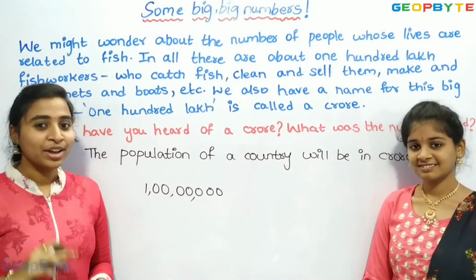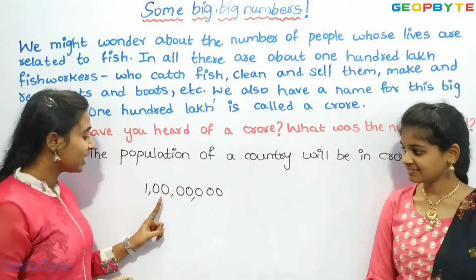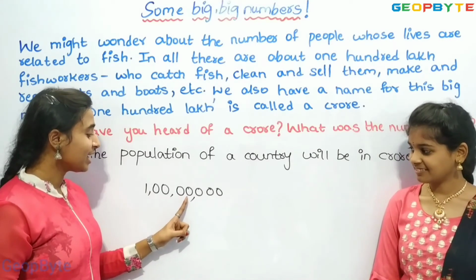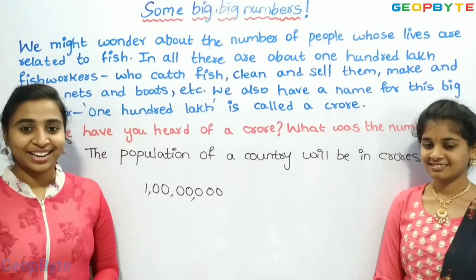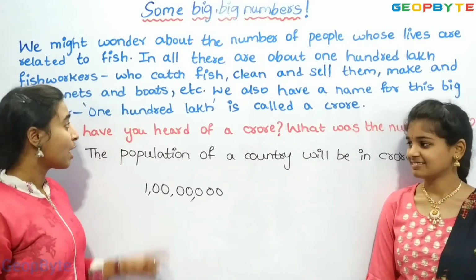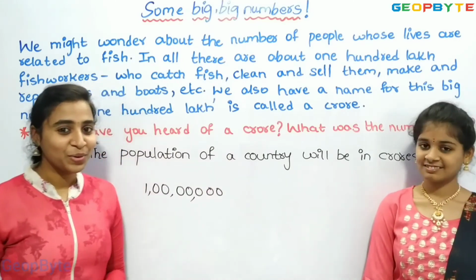So, in total how many zeros are there? 1, 2, 3, 4, 5, 6, 7. 7 zeros are there. 100 lakh is called a crore.